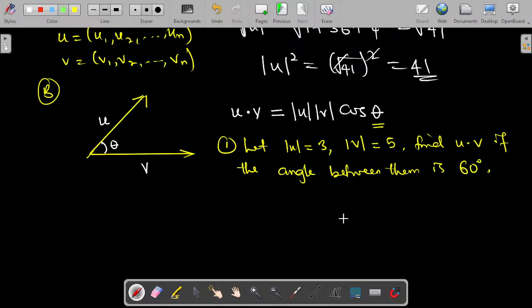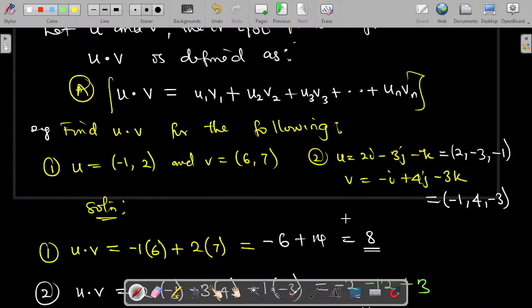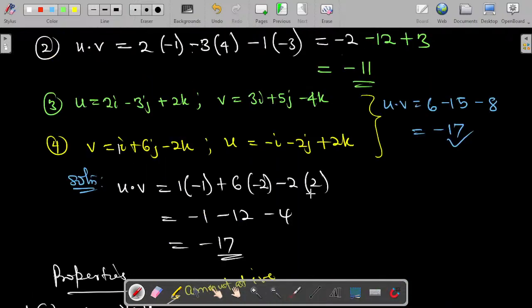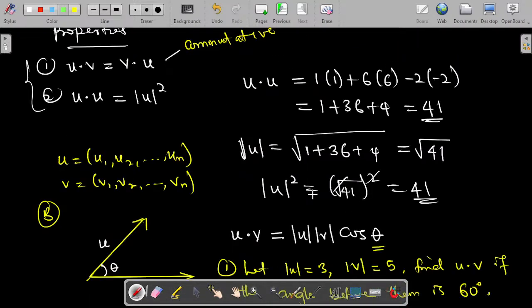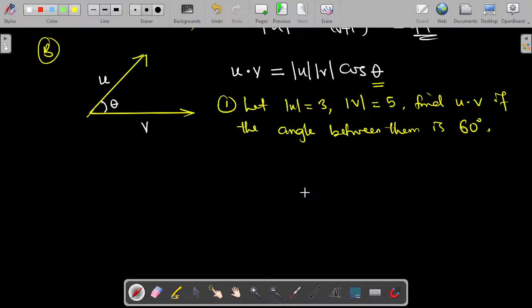You will discover that the first definition I gave you will not help you in getting u dot v. You don't even know the vectors. They didn't give you the vectors. They only gave you the magnitudes, and they are asking you to get the dot product of the vectors. So how do you do that?